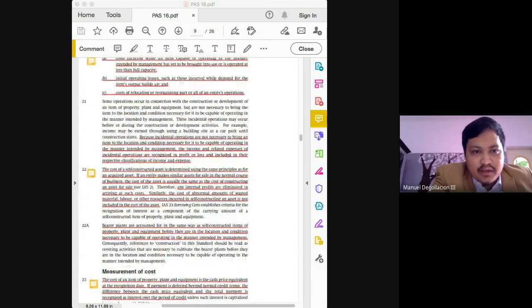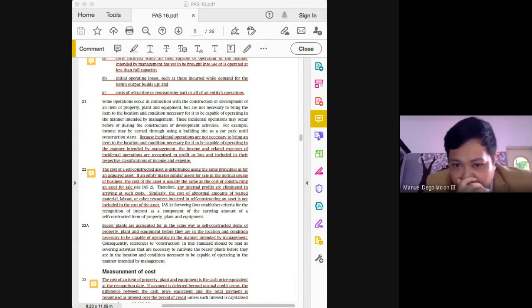The cost of a self-constructed asset is determined using the same principles for an acquired asset. If an entity makes similar assets for sale in the normal course of business, the cost of the asset is usually the same as the cost of constructing an asset for sale. Any internal profits here, this is asked quite often.